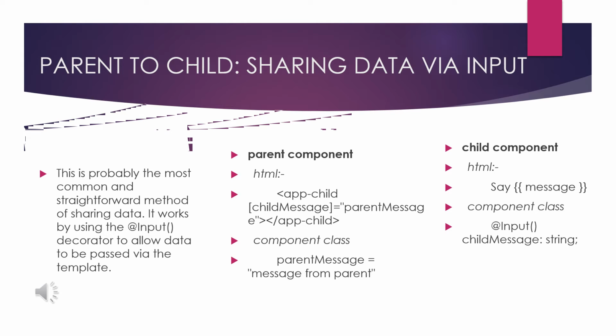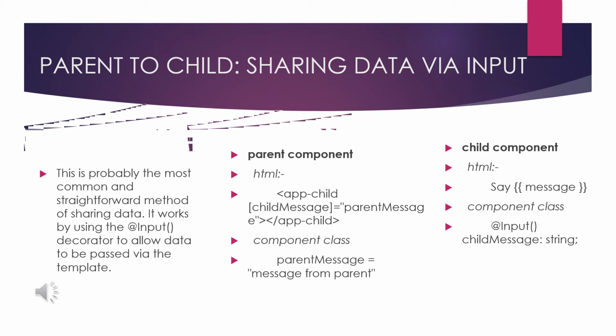So, simple. I have a parent component and a child component. In the parent component, I have stored a message. I am using app-child inside the parent component, so the message stored in the parent component's class will be populated and shared via the attribute value property binding.